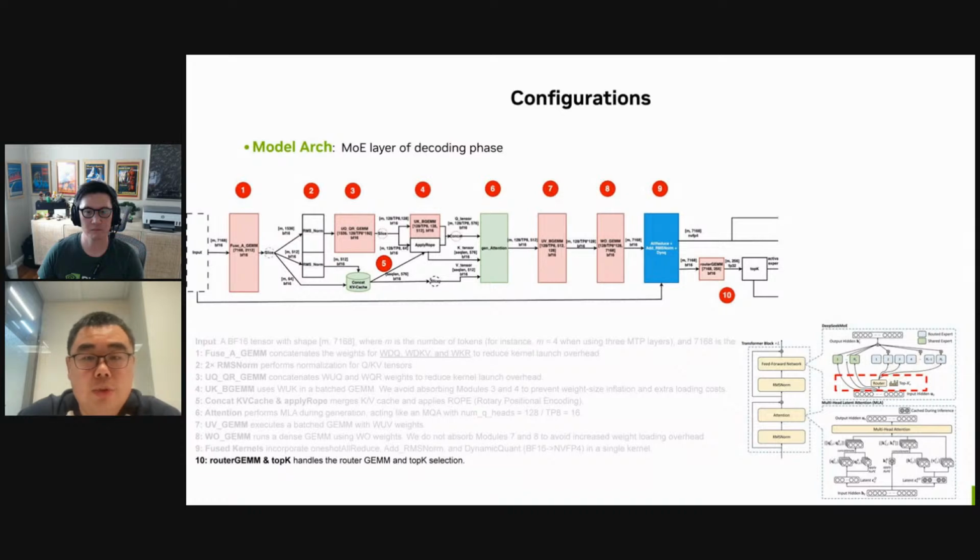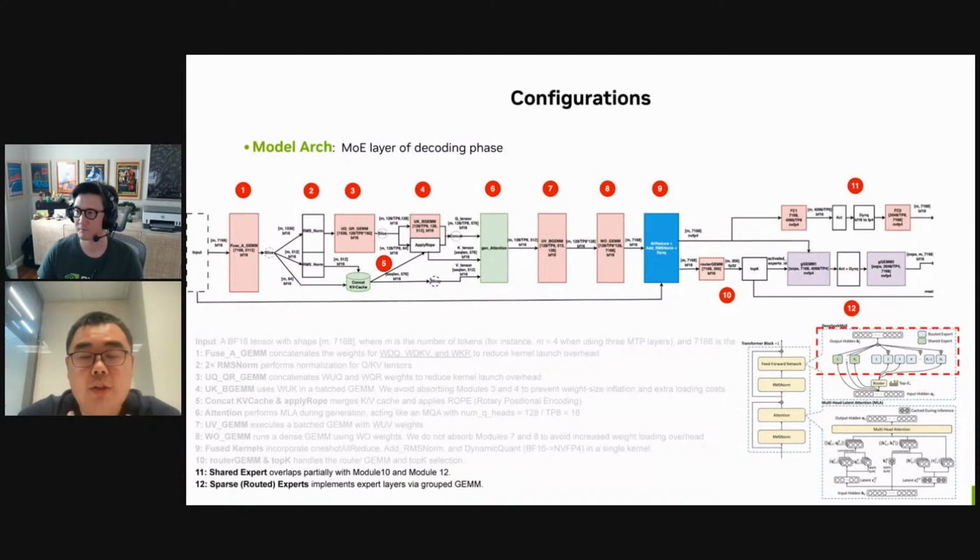There are two outputs of this fused kernel, NVFP4 and BF16. The BF16-based activation out will be fed to the router GEMM firstly, and then the top-k module to calculate the top 8 experts for each token, while the NVFP4-based activation out will be fed to the MoE module.